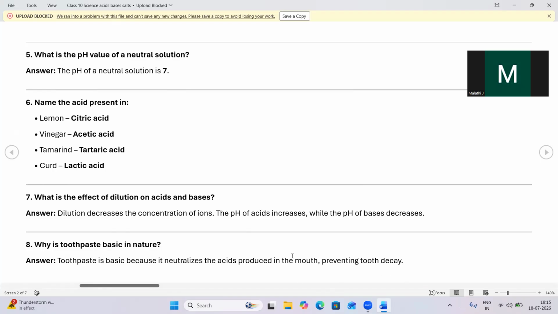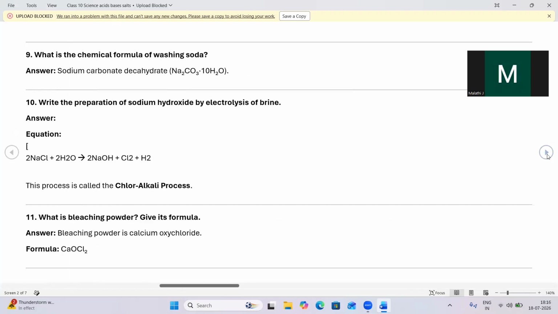To prevent tooth decay, we have to use a base. Acids will be present in our mouth, so we have to neutralize those acids. Toothpaste acts as a base, so it will neutralize the acids present in our mouth.